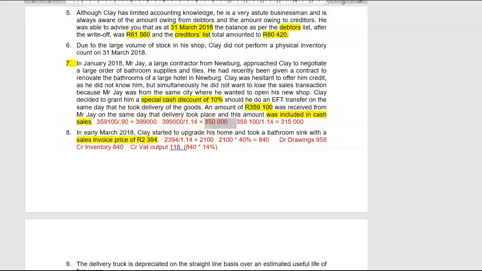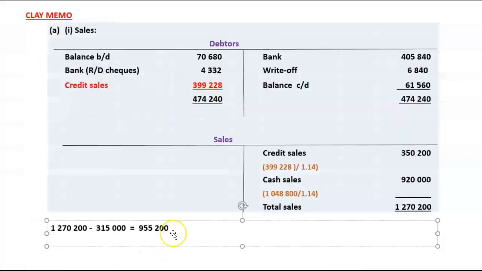So that means that 350,000 is the VAT exclusive normal selling price. So we're going to add back the normal selling price, which is 350,000.